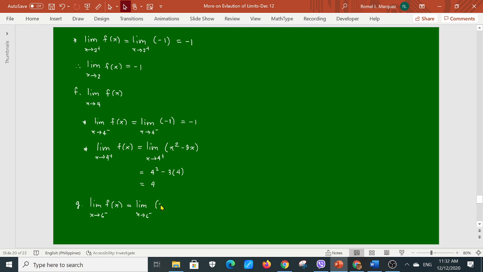What are we going to use? x squared minus 3x. And we can apply the substitution technique for this case. 6 squared minus 3 times 6. What is that? Equal to 36 minus 18. Is it 18? Okay, so that's the answer.